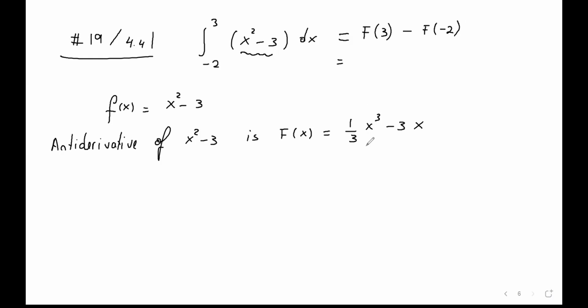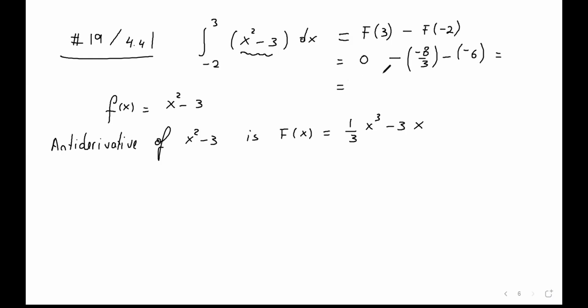And you can just plug in the numbers here, and I'm going to do it quickly. So when you plug in 3, you get 3 cubed over 3, which is 9, minus 3 times 3, which is again 9. So that's going to be 0. F of 3 turns out to be 0 minus F of -2. F of -2 will be 1/3 times -2 cubed, which is -8/3, minus 3 times -2, which is -6.